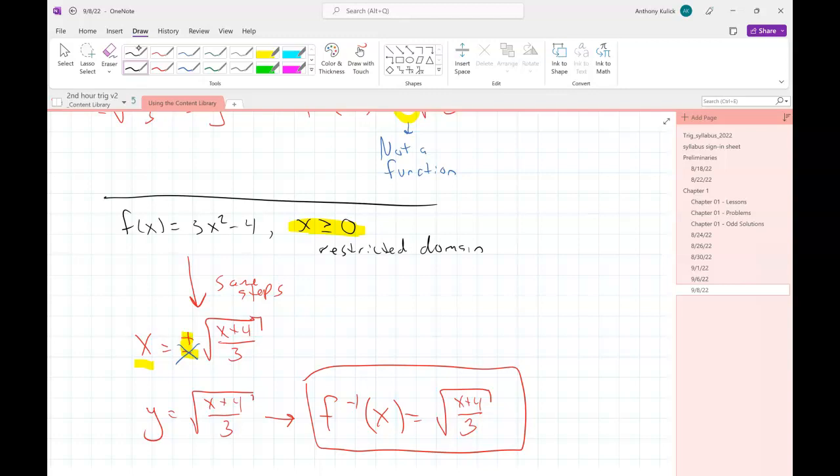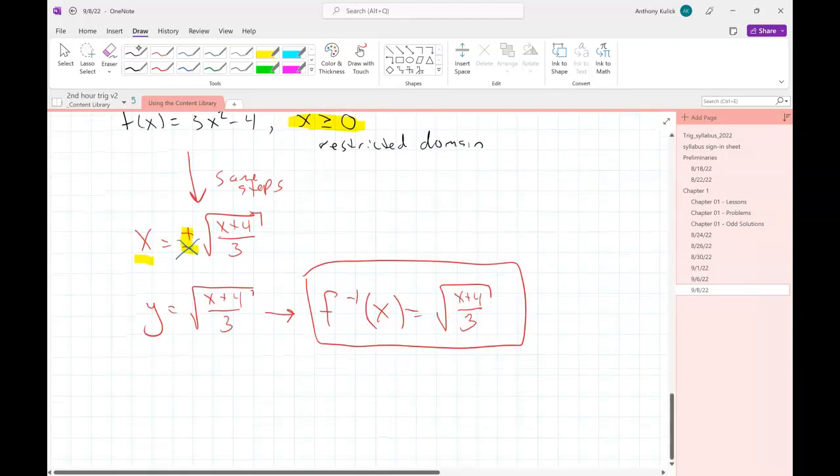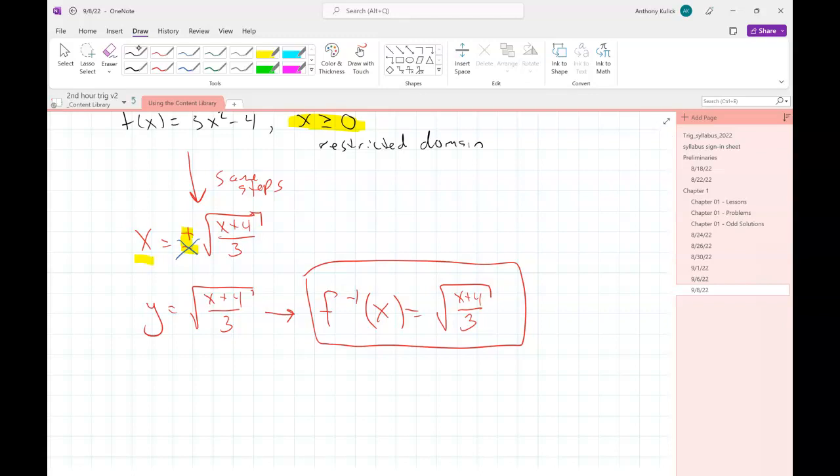A computer doesn't do real good with that kind of uncertainty. You know what I mean? So that's the bigger issue with it not being a function, is now it's going to be a problem to use it to do anything.